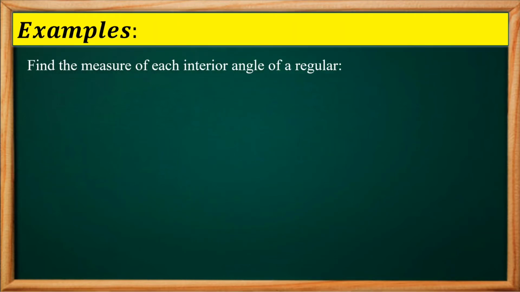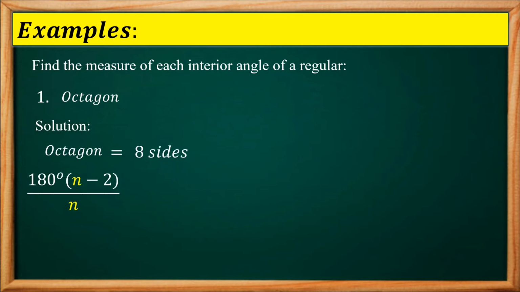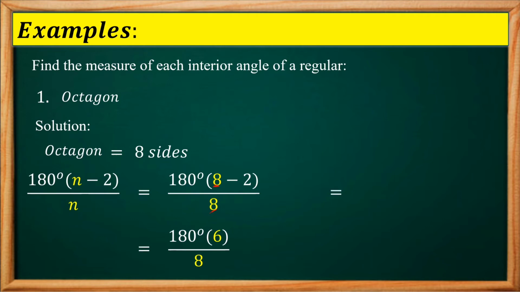Okay, let's have here the example. Find the measure of each interior angle of a regular octagon. How many sides does an octagon have? 8. So 180 times, the number of sides is 8, then 8 minus 2 is 6.